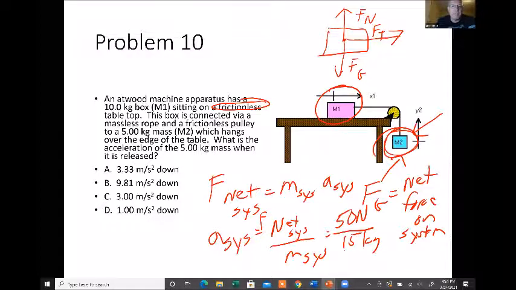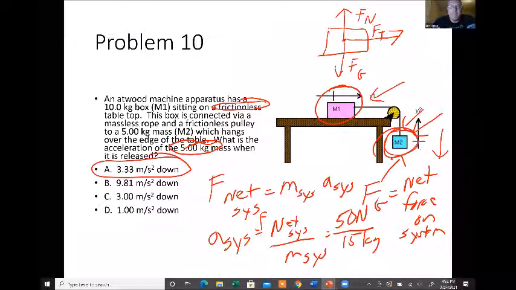We end up with about 3.33 meters per second squared down, or negative 3.33 if we're talking about this box. For the other box, it would be positive 3.33 because it's moving to the right. We're asking for the acceleration of the 5 kilogram box, which is accelerating downward, so 3.33 down or negative 3.33.